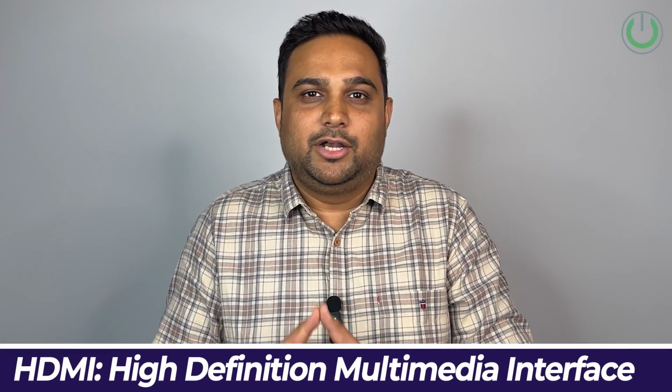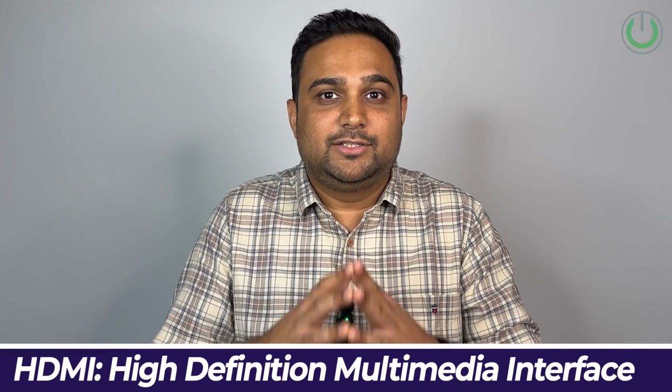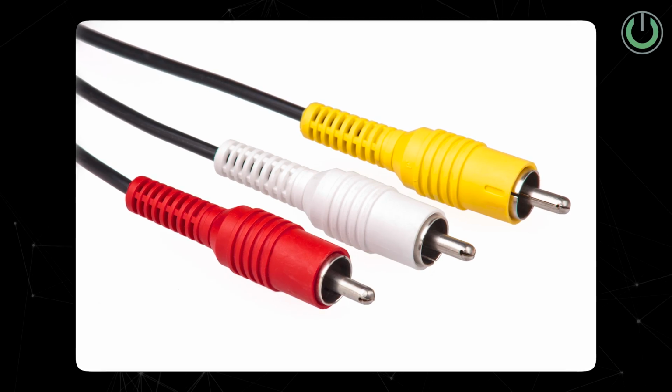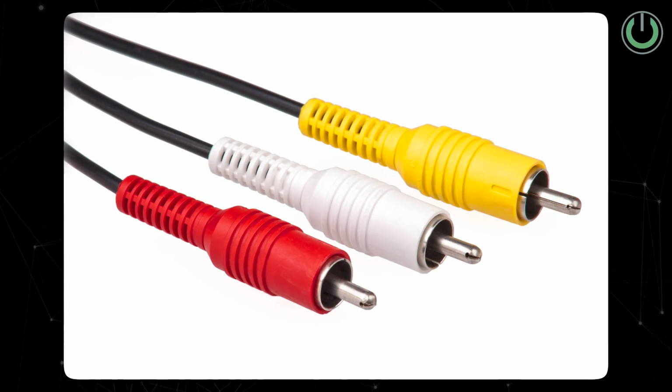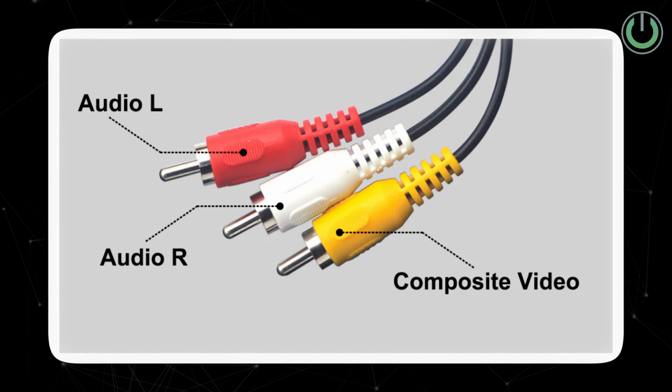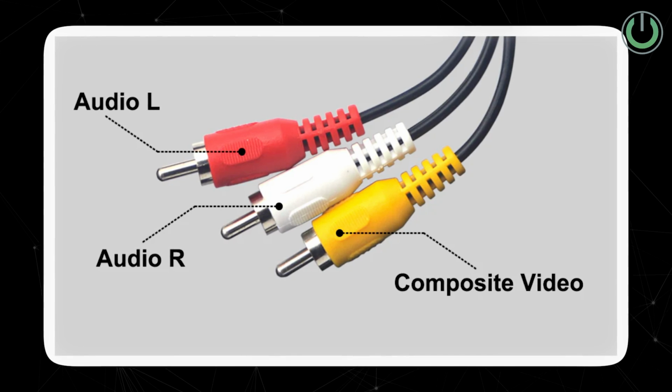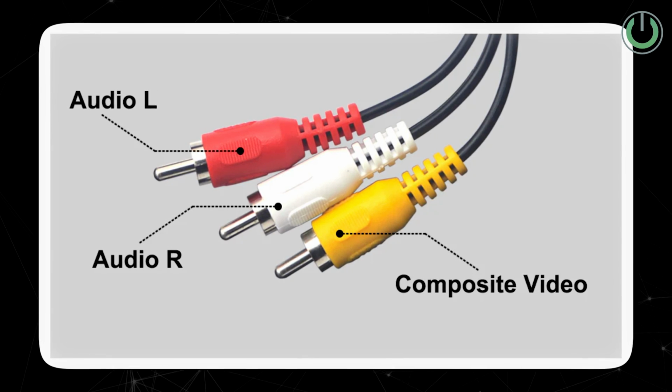Now let us first understand what exactly HDMI is. HDMI stands for High Definition Multimedia Interface, which means that it is an interface between two devices. In earlier times, we used to see those white, red and yellow cables, wherein the yellow was transferring the video and the white and red used to transfer the analog audio.